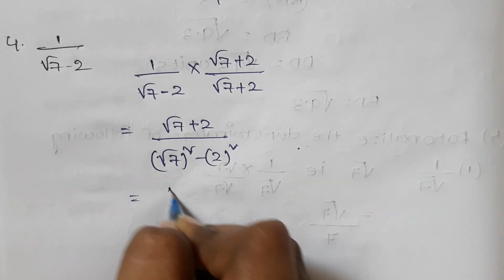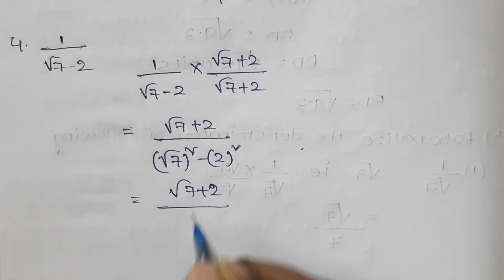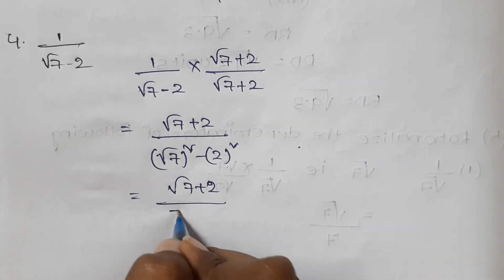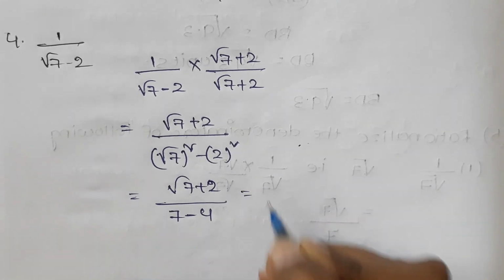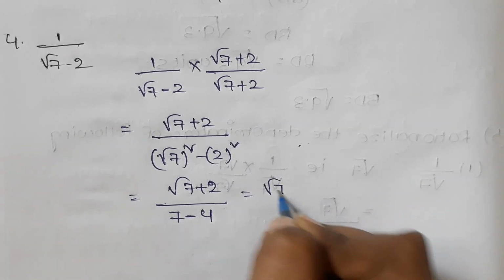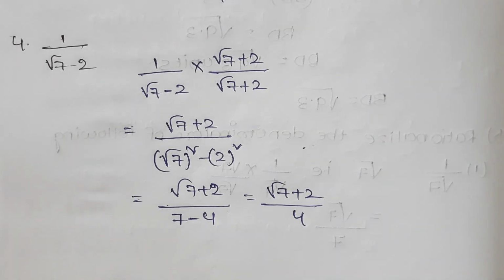That is root 7 plus 2 divided by 7 minus 2 square, which is nothing but 4, that equals root 7 plus 2 by 4. And this is the rationalization of the given number, that is 1 by root 7 minus 2.